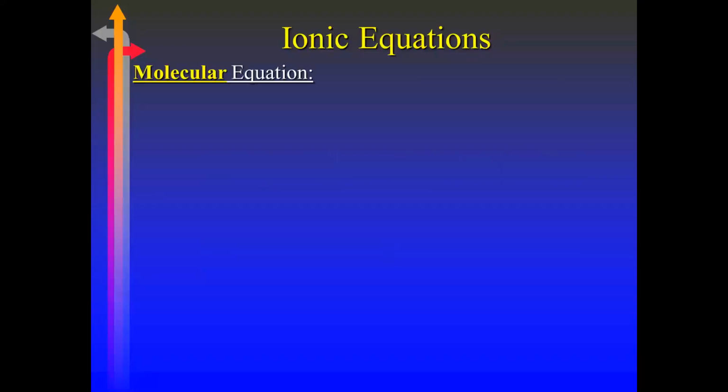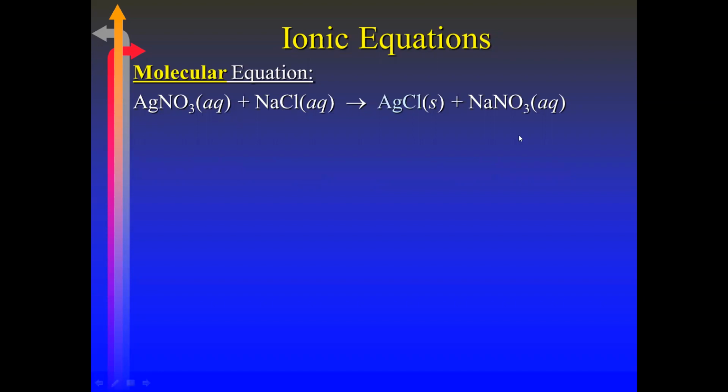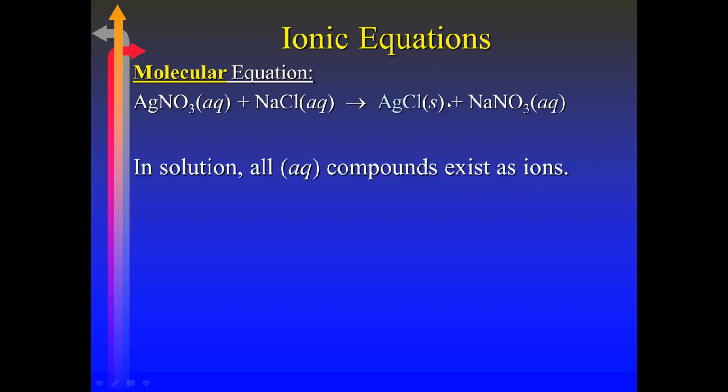Let's take a look at silver nitrate reacting with sodium chloride, and this is a molecular equation. We'll talk about that in the second part. We can write this molecular equation into ionic form. For example, this one.